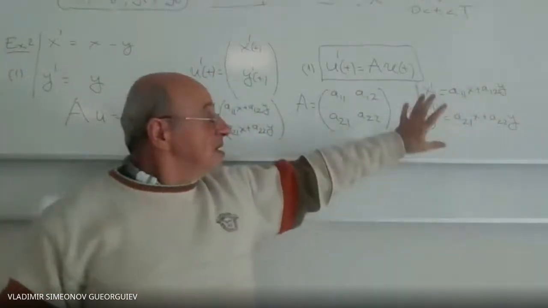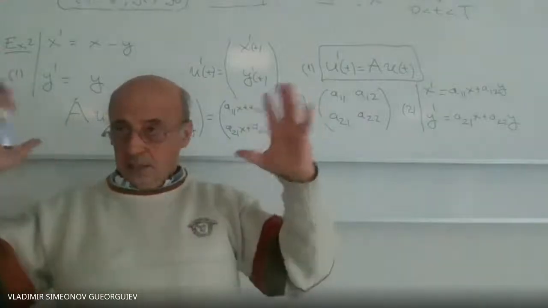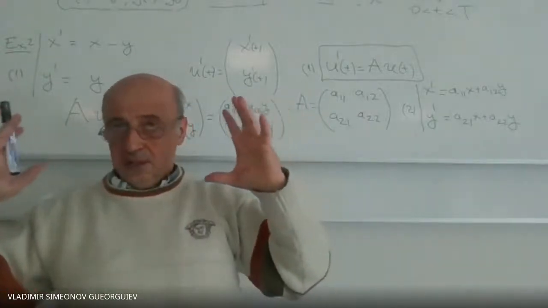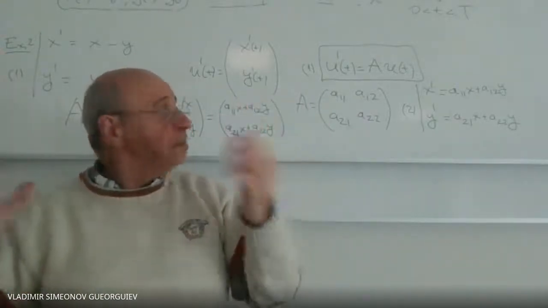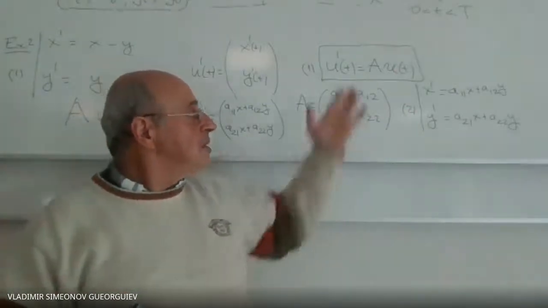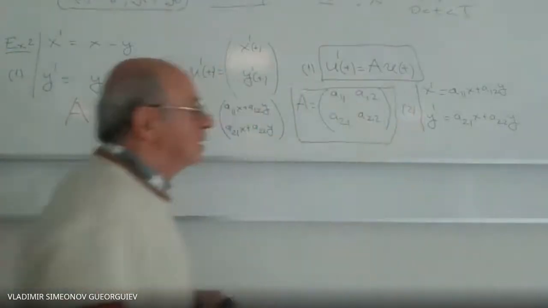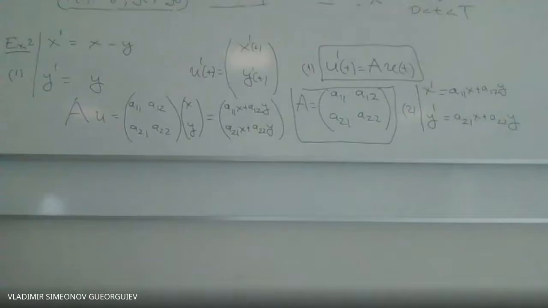And you see, you can write the system in a very detailed form, but you can also rewrite it in a very simple form, simply by defining your matrix A. And now I shall try to apply the same thing to find my matrix A for this system.